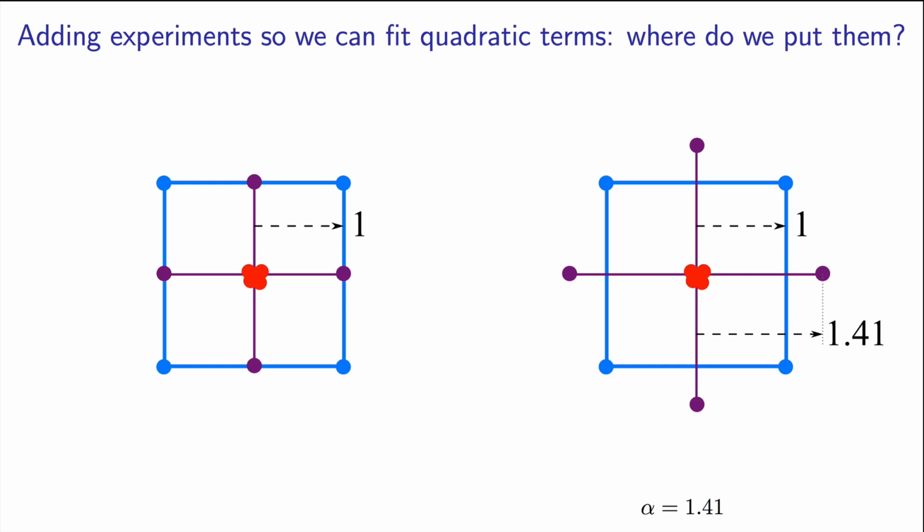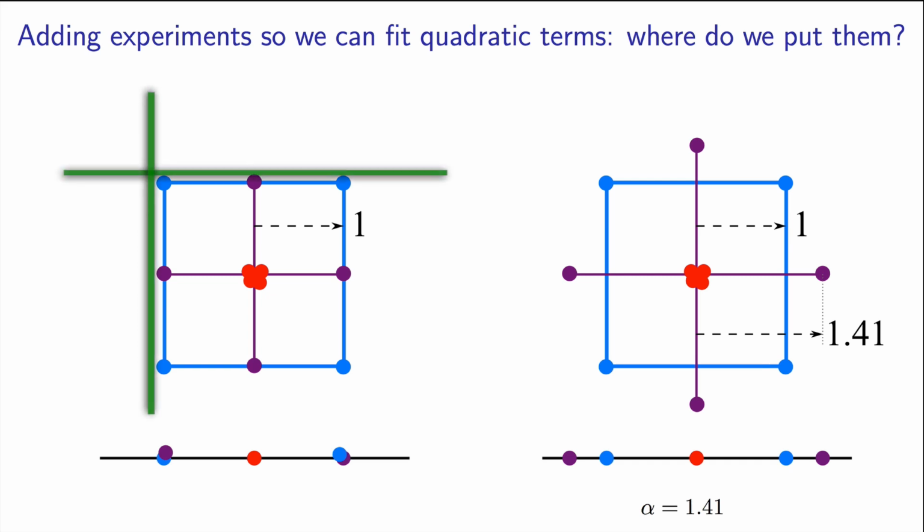There are 2 options: adding points on the face of the cube, or adding points a little bit further, called axial points or star points. These points are at a distance, denoted as alpha, from the center. Alpha is a value greater than 1 to ensure they're outside the cube. The design on the left works well if you've hit into a constraint or cannot leave the factorial space.